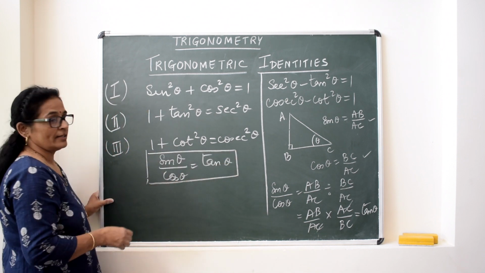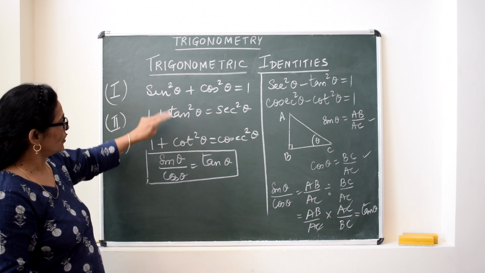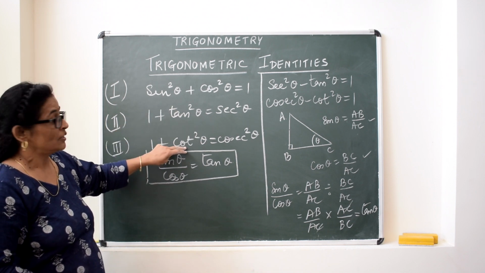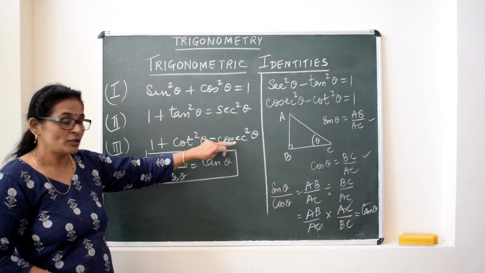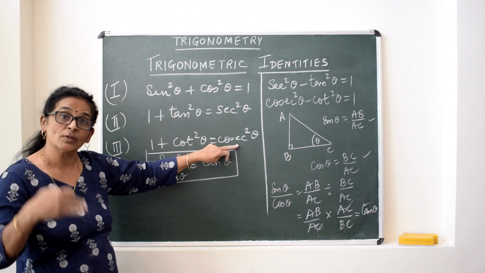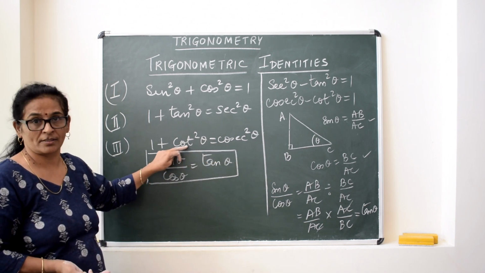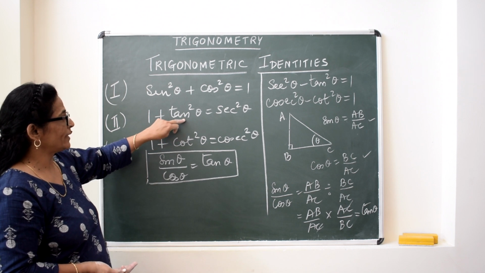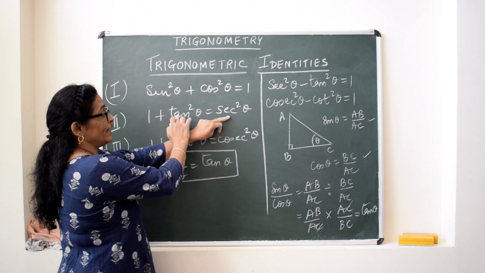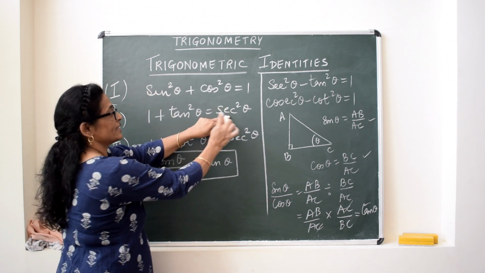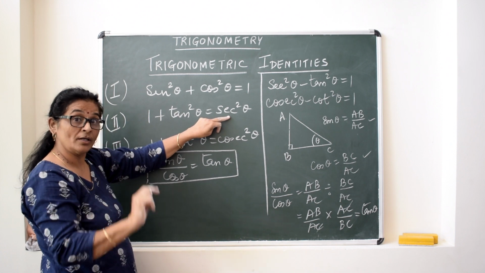This is one relation like this. Suppose we want to change this sine into cot. We know that sine is the reciprocal of cosec, so cosec we can write as 1 upon sine, and there will be a relation between sine and cot. Similarly, if you want to write sec or tan in terms of cos, sec we will change in terms of cos: sec will be 1 upon cos.